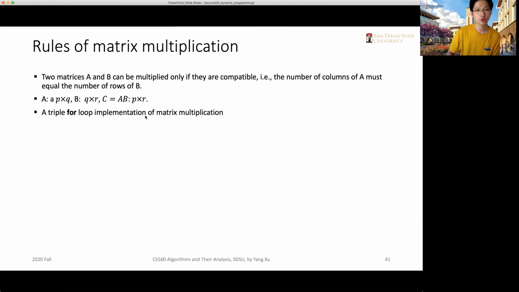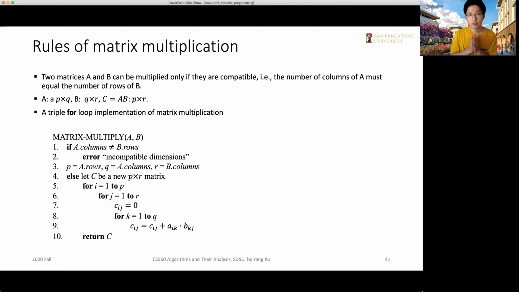Okay, so let's review the implementation of matrix multiplication briefly for now. We basically need a triple for loop to implement it.